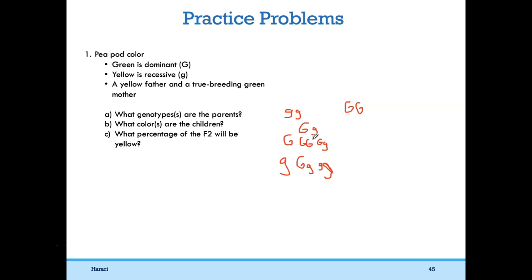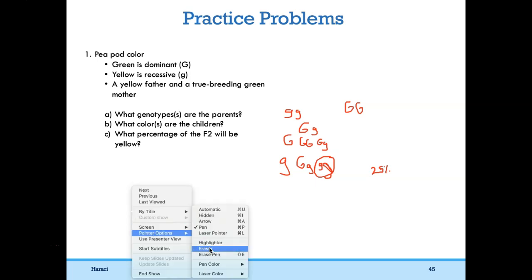What percentage of the F2 will be yellow? Only the little g, little g will be yellow, which is 25%. So 25% will be little g, little g, which is yellow in this case.